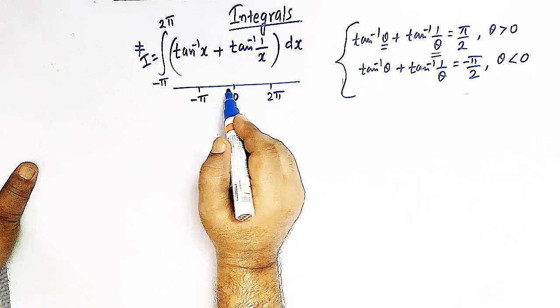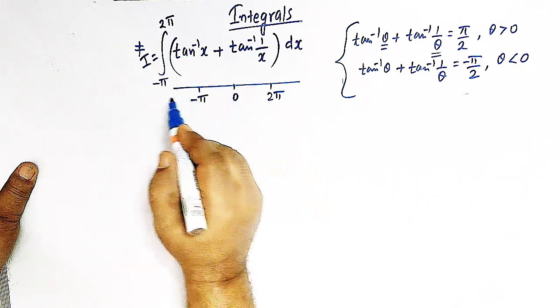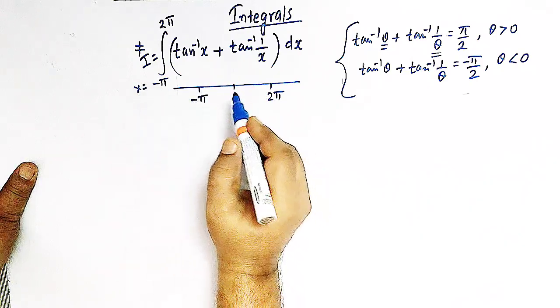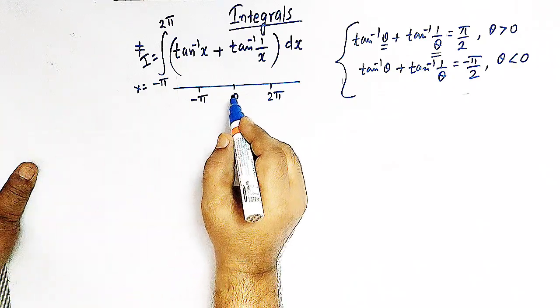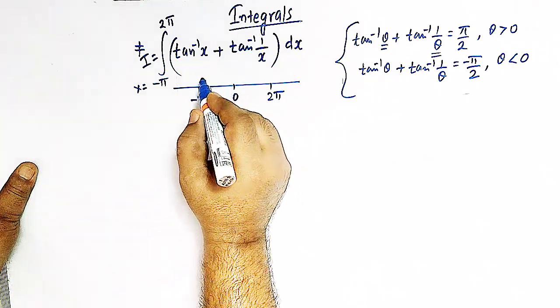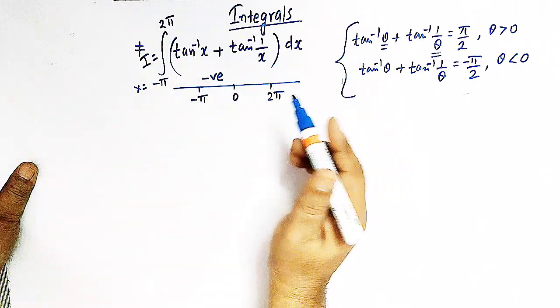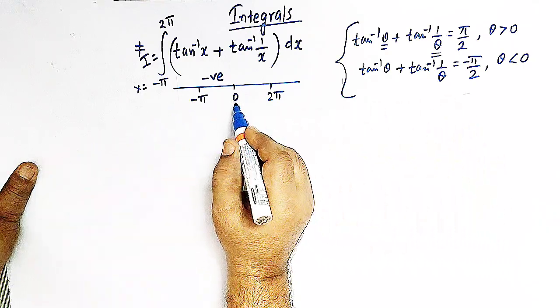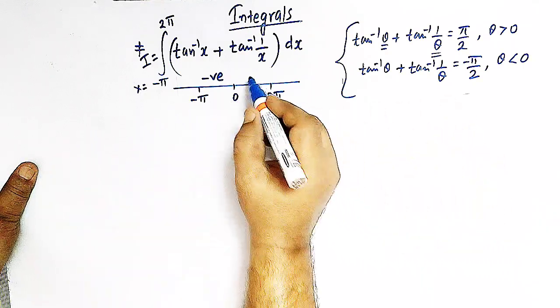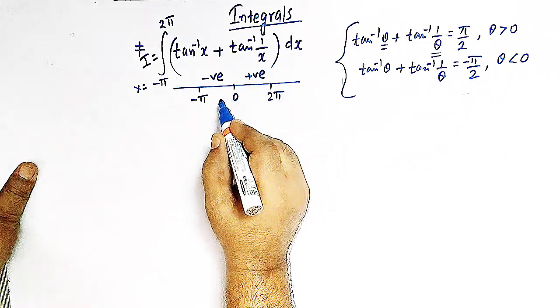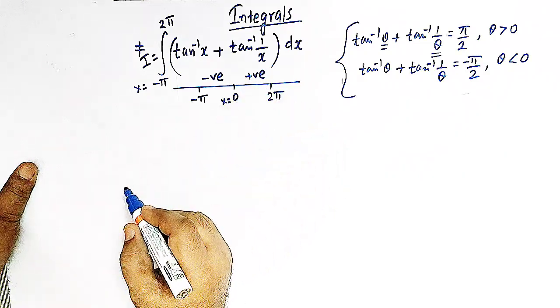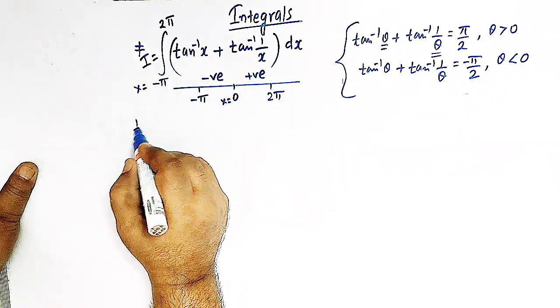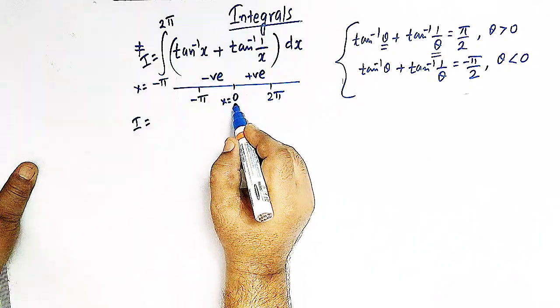So it means that all the values of x which lie towards the left of 0 are negative, and all the values of x which lie towards the right of x is equal to 0 are positive, right? So here we have x is equal to 0. So let us split this integral at this point.